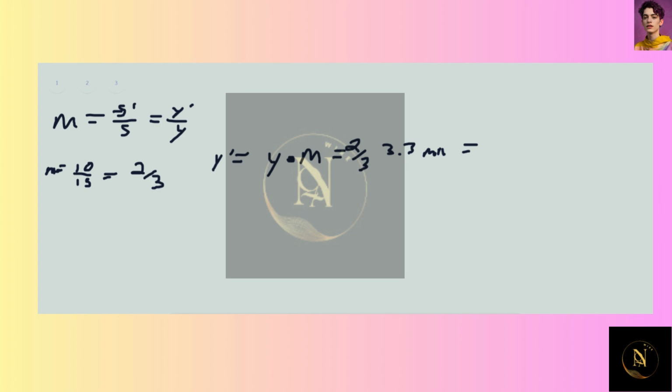This is minus s prime over s, so minus 2/3, and this is equal to minus 2.2 millimeters. So our image has a size of 2.2 millimeters, and it's negative, so that image will be inverted.